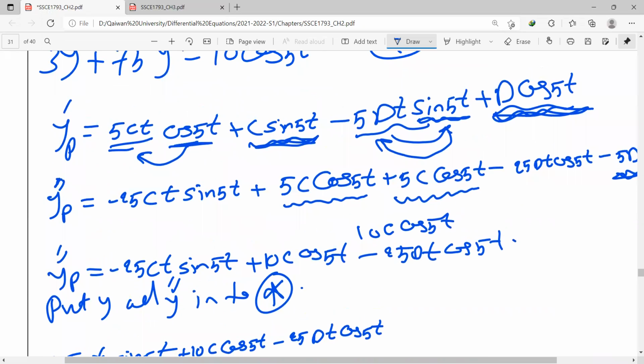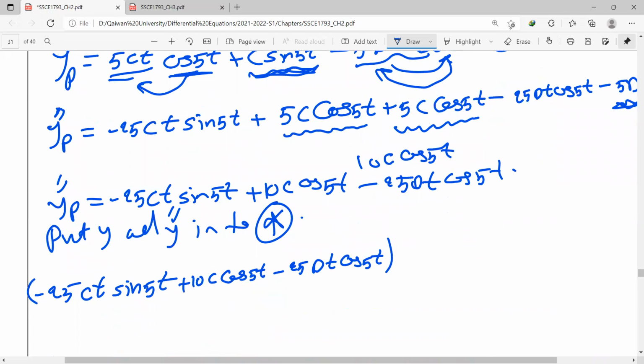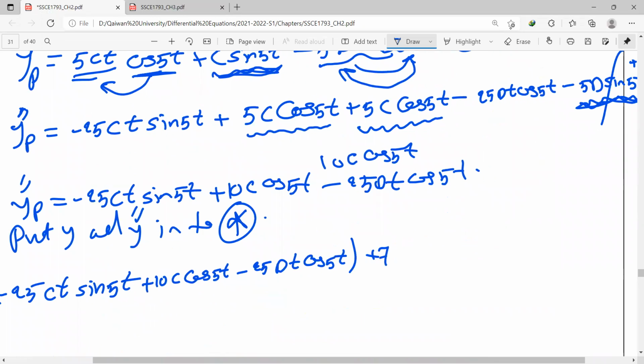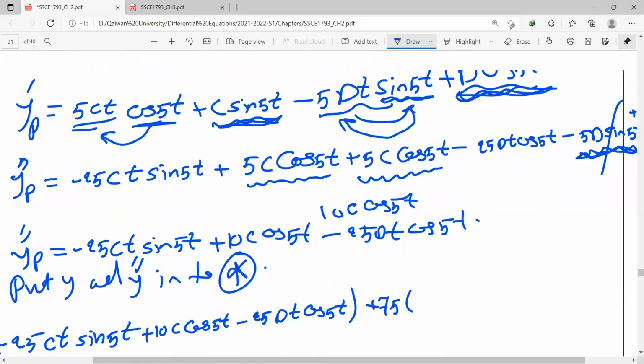Then here we multiply this all by 3, then plus 75 times y.